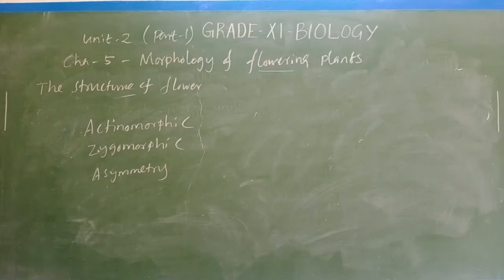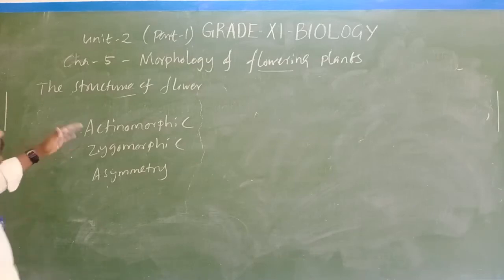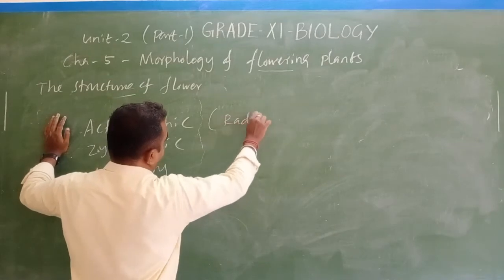Here also we have three types: actinomorphic, zygomorphic, and asymmetric. Actinomorphic means it is radial symmetry.